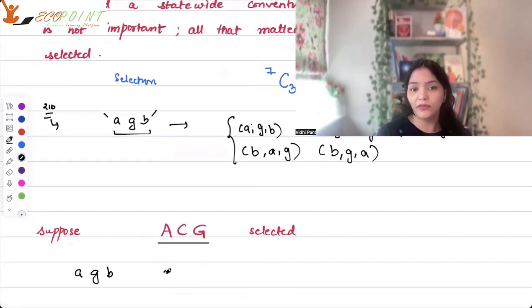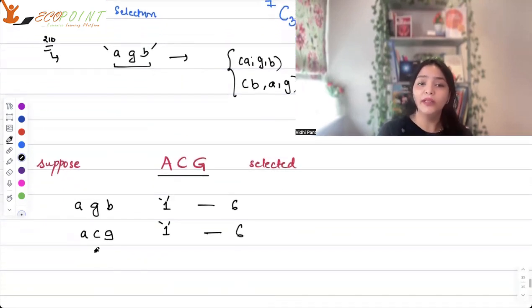So the one case of AGB is actually 6 times. Any second case you can take, case of ACG is one case, but that is coming 6 times.